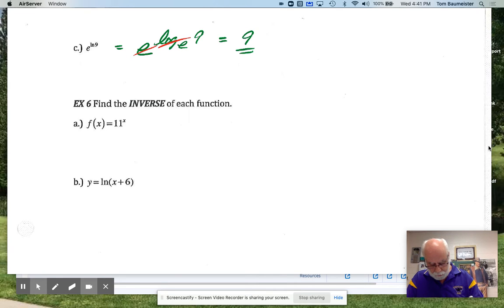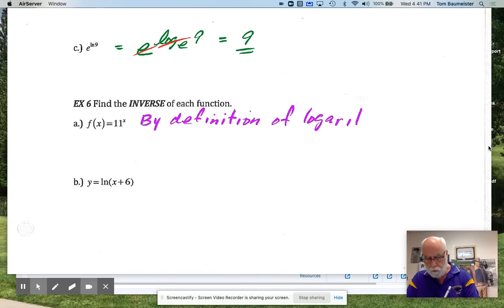So on ones like this, let me say by definition of logarithms, we can say that g of x is equal to log to the base b of x.